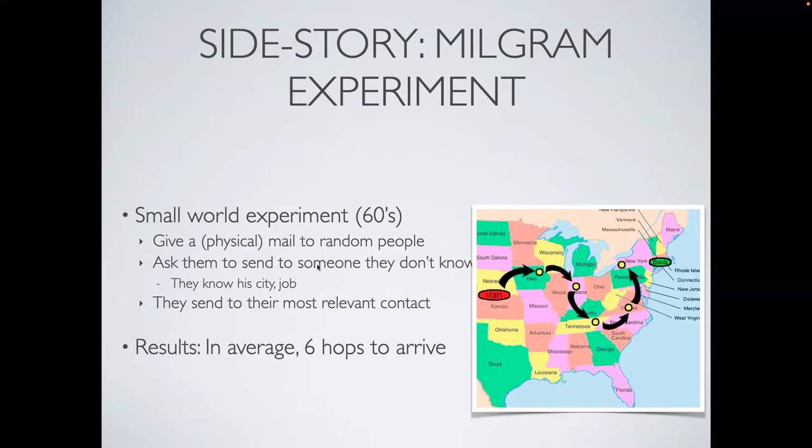They have a few pieces of information about them, and they need to give the mail to someone who will give the mail to that person. So they know the city, but they don't know the exact address.